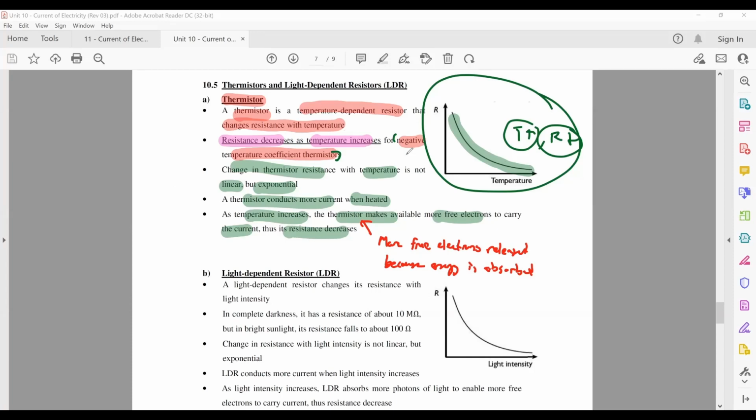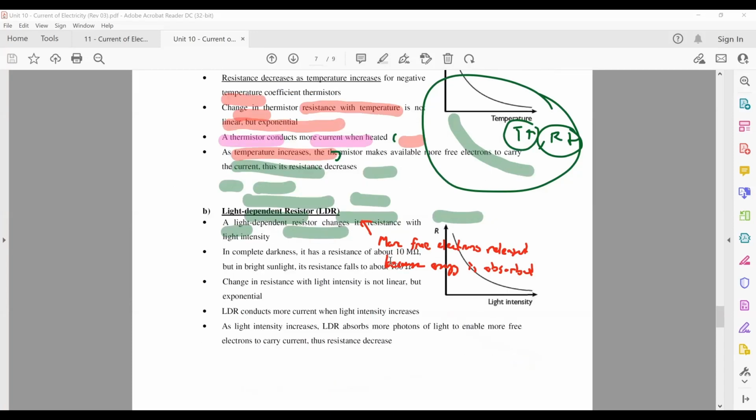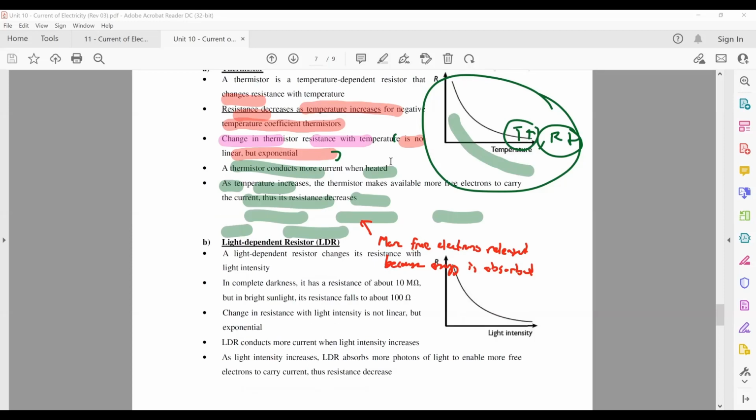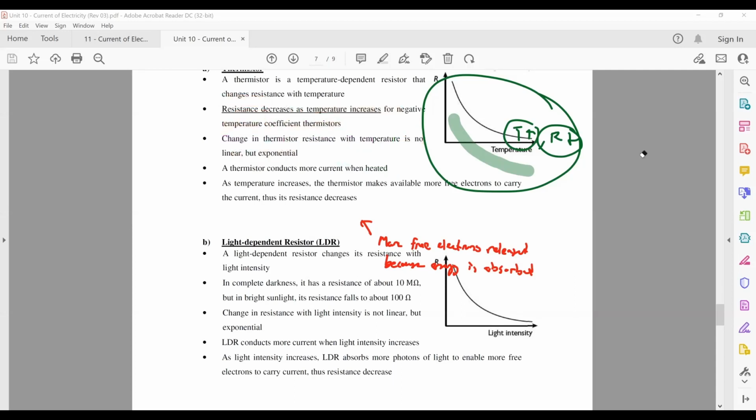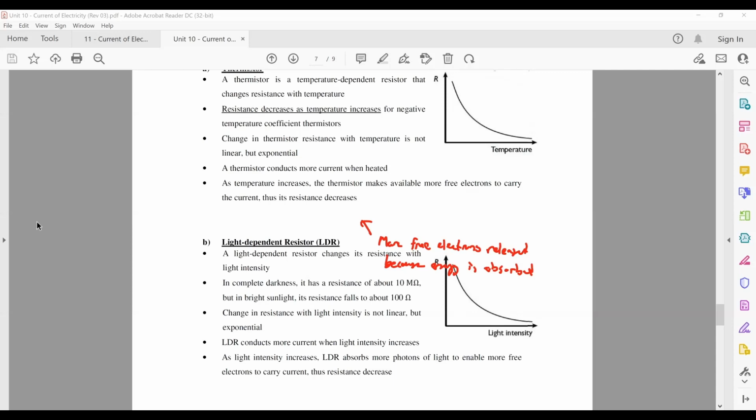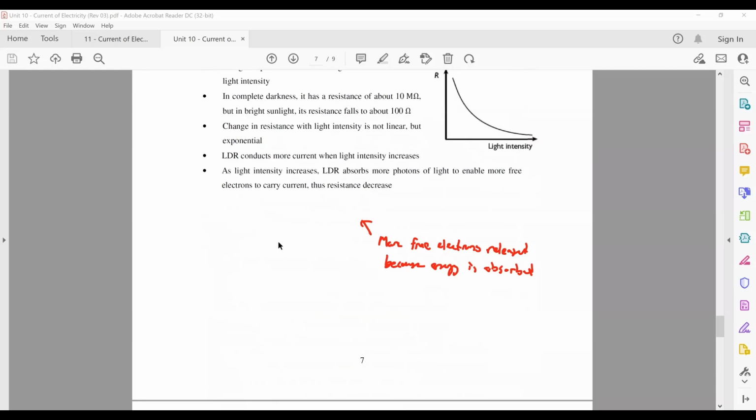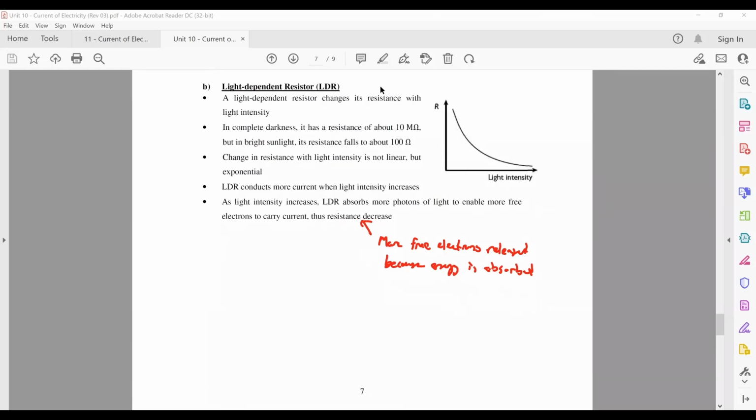Now, you also have something called light dependent resistors. A light dependent resistor again is a resistor that changes its resistance with something, but here it changes its resistance with light. So a light dependent resistor changes resistance with light intensity, with brightness.